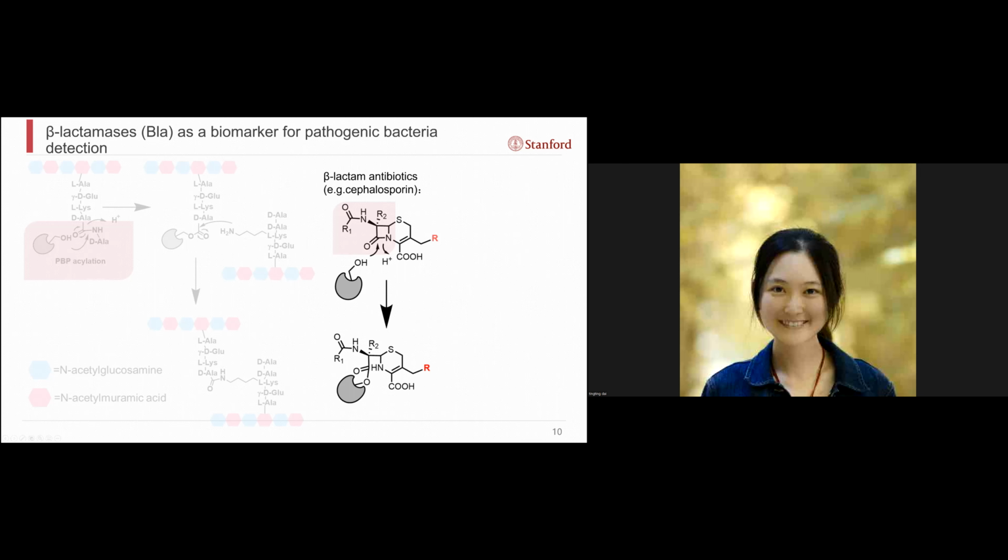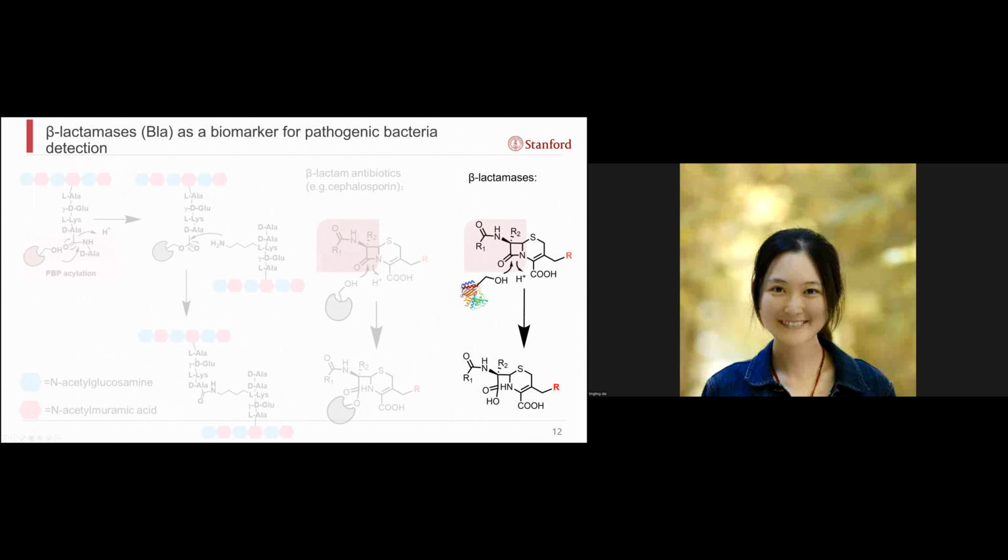But the bacteria are very clever, and have developed a resistance mechanism by expressing an enzyme called beta-lactamase. So instead of the antibiotic tricking the native protein, penicillin-binding protein, this enzyme beta-lactamase will attack the antibiotic and thus render it useless.